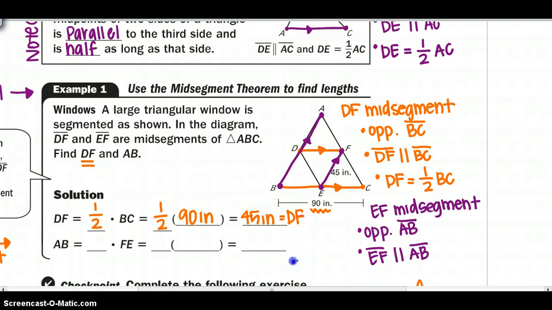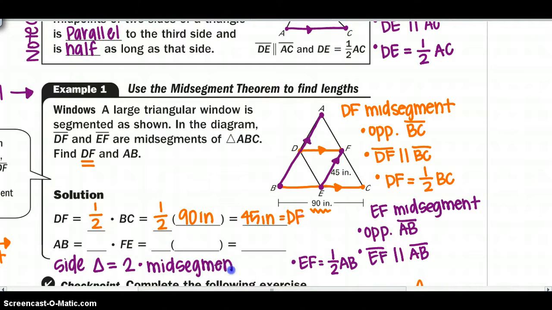And last, we know that EF, our mid-segment, is half of AB. But what if we need to solve for one of the side lengths of the triangle? Well, we know that the side of a triangle equals 2 times our mid-segment. So we multiply our mid-segment's length times 2 to find this side of the triangle. So AB is 2 times FE. FE is 45, so we take 2 times 45 inches to give us 90 inches for AB.